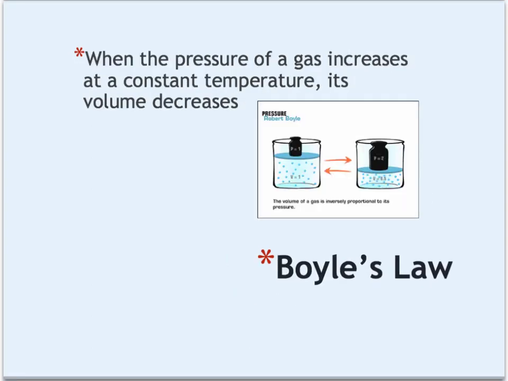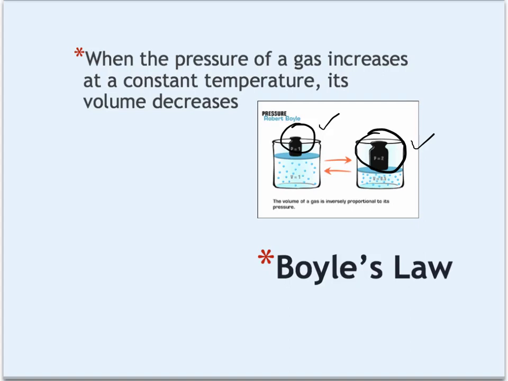When the pressure of a gas increases at a constant temperature, both containers in the picture have the same temperature. When we increase the pressure, they have in this picture basically the weights here. So we've got P1 on the left and P equals 2 on the right. So pressure is increased on the right, and you can see the temperature is the same.